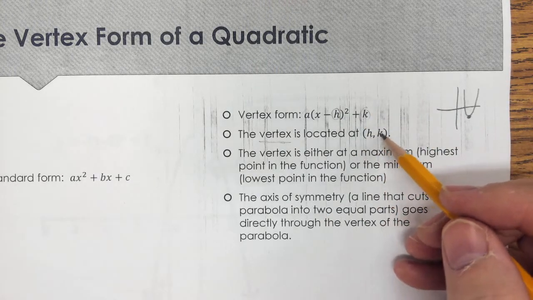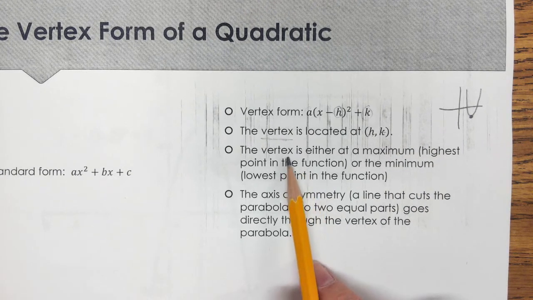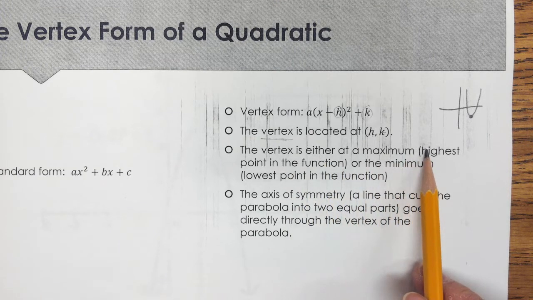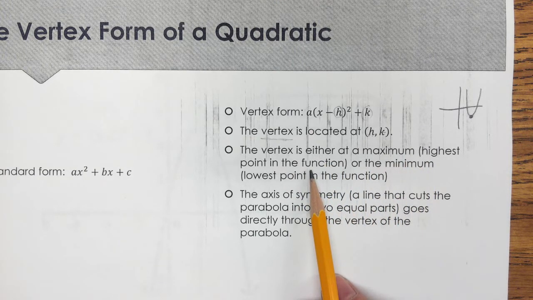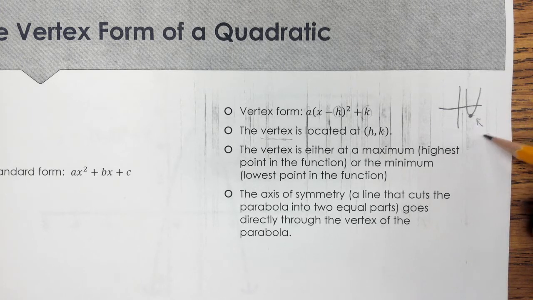So that's just the vertex. Also make note that the vertex is either at a maximum, or in other words, the highest point in the function, or it's at the minimum, the lowest point of the function. Okay. So this case right here, this would be a minimum.